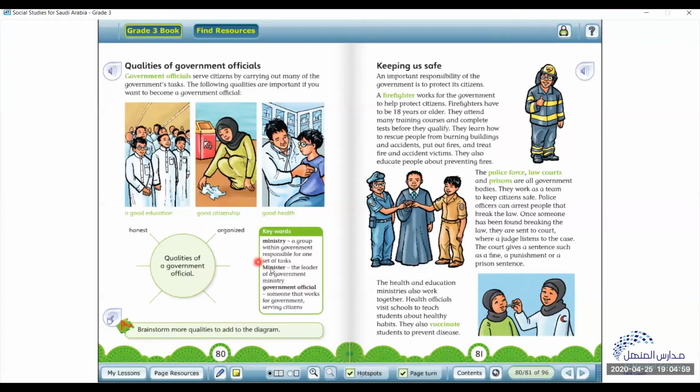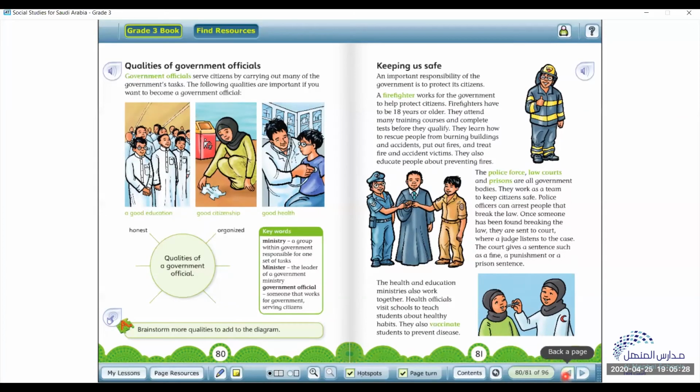A minister is a person like a leader or chairperson of a specific government structure. For example, we have the Ministry of Education or the Ministry of Health. Each of those ministries has a leader and they are called a minister. And then the other word is ministry, which is a group within the government responsible for one set of tasks. So a ministry is basically a government body.